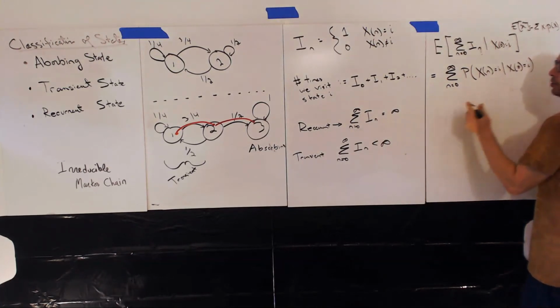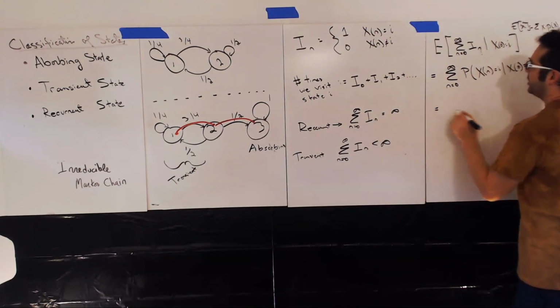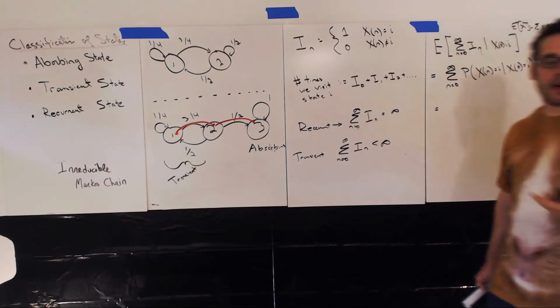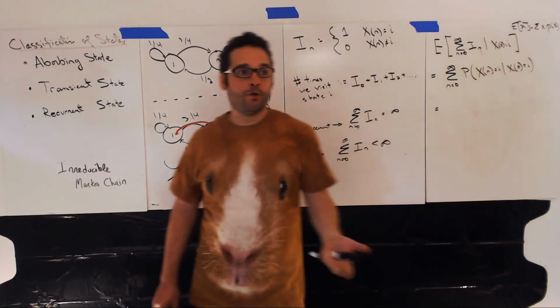Because now all we're saying is, what's the probability that we return to state I after 0 steps, 1 step, 2 steps, 3 steps, 4 steps?